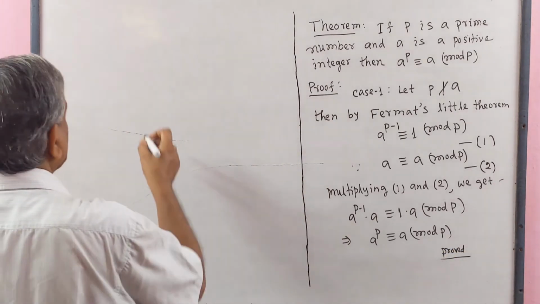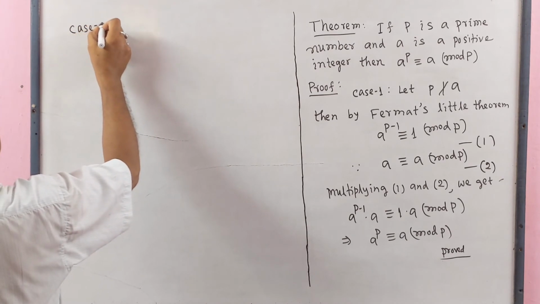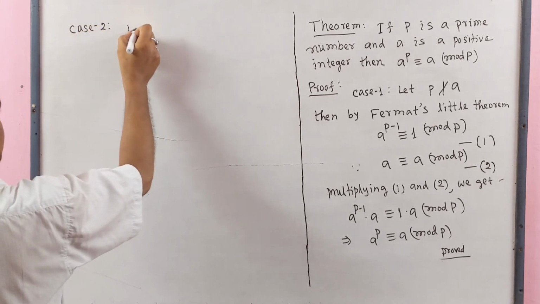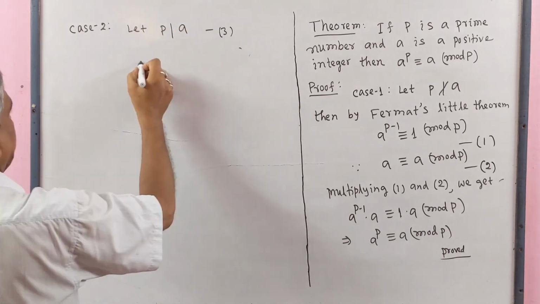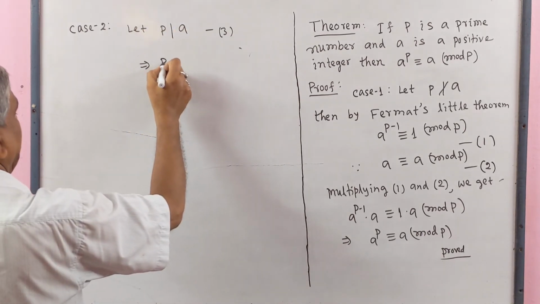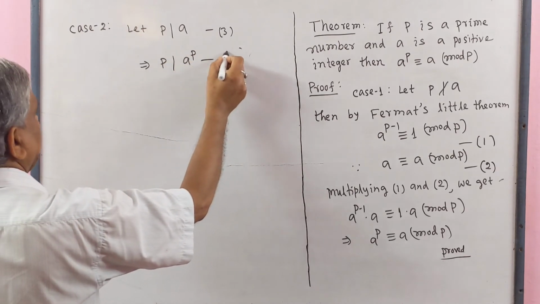Now case 2. Let p divide a, implies that p divides a to the power p. This is number 4.